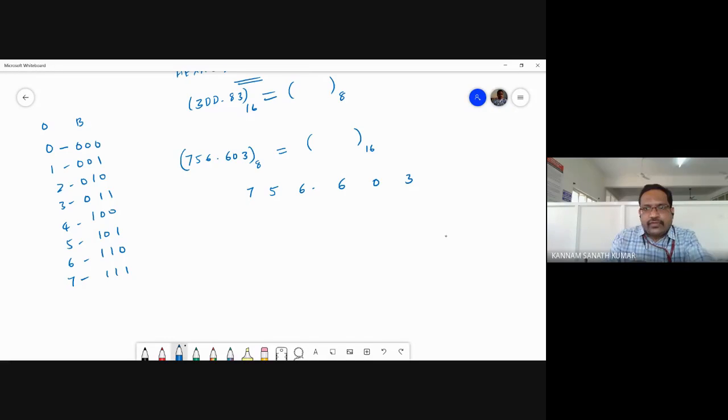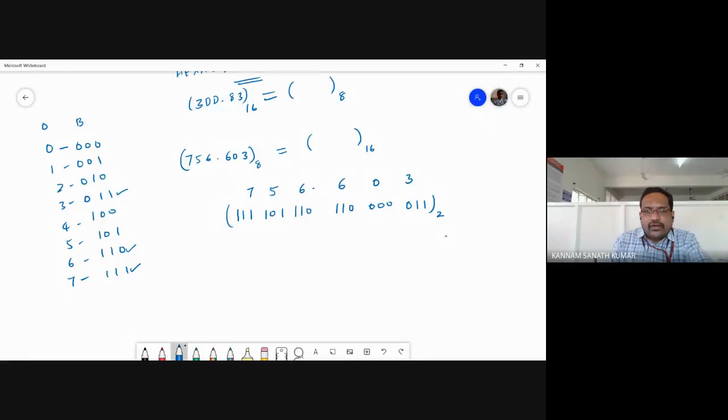Okay. So now if you see, 3 is how much? 3 is 011. 0 is how much? 000, and 6 is 110, and 6 is also 110. Okay. And 5 is 101, and 7 is 111. So you converted the given octal value to binary.